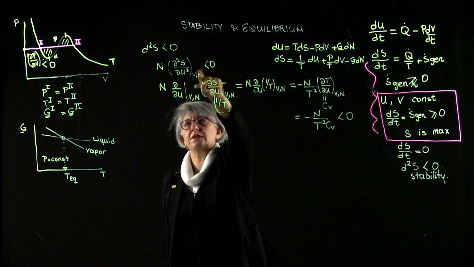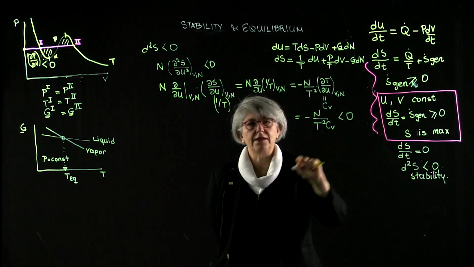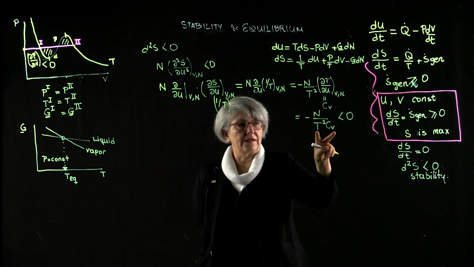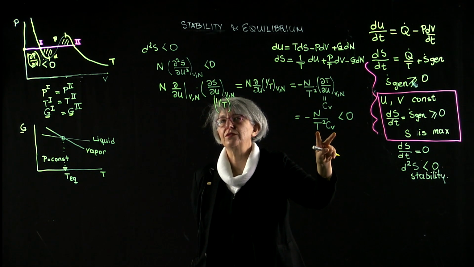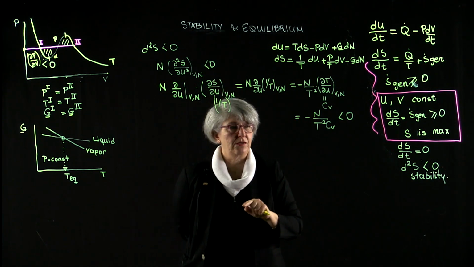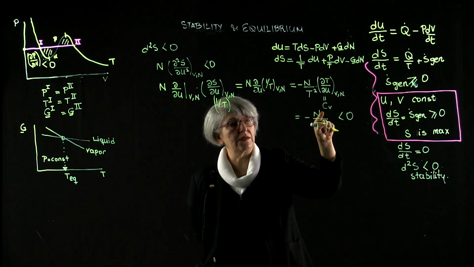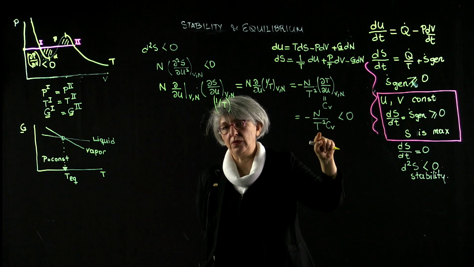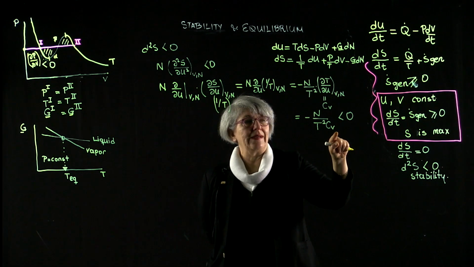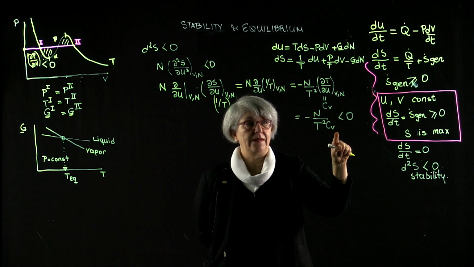Right? This is our starting point. We arrived at some physical parameters leading to the stability condition. So N is the number of moles, it's a positive quantity. Temperature is always in the absolute scale and it's a positive quantity. Remaining, the only parameter is the heat capacity.